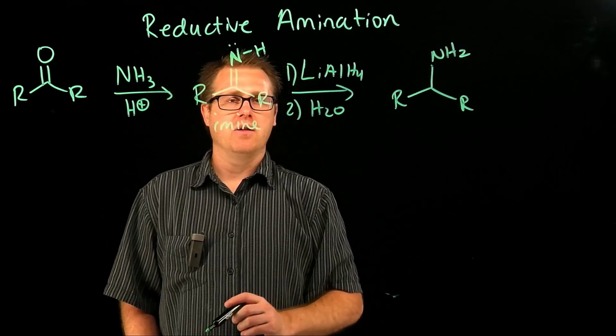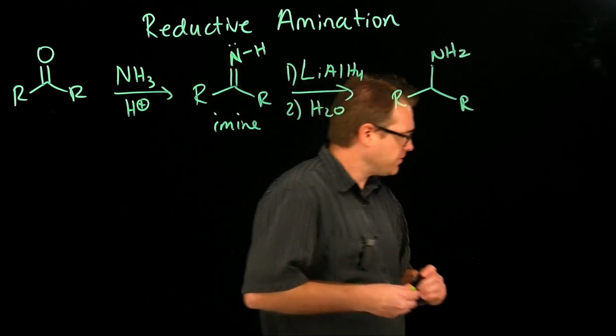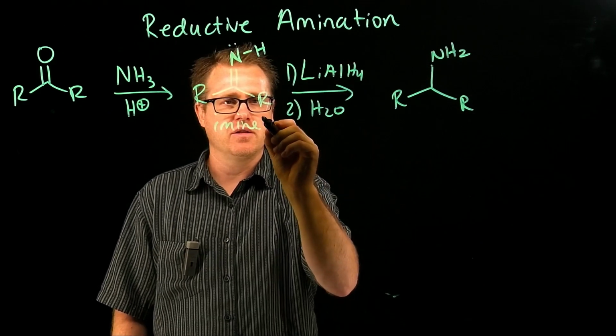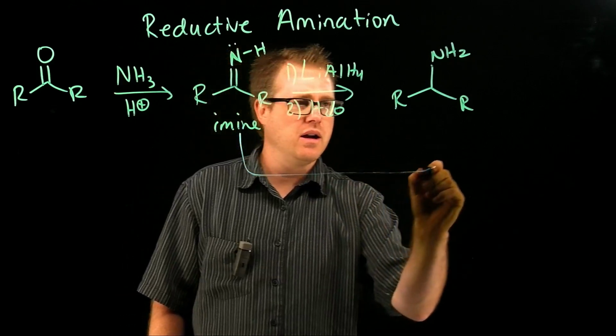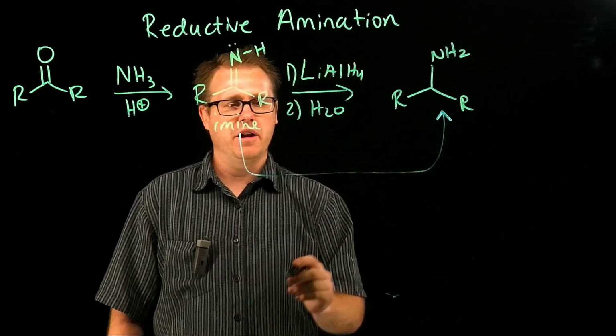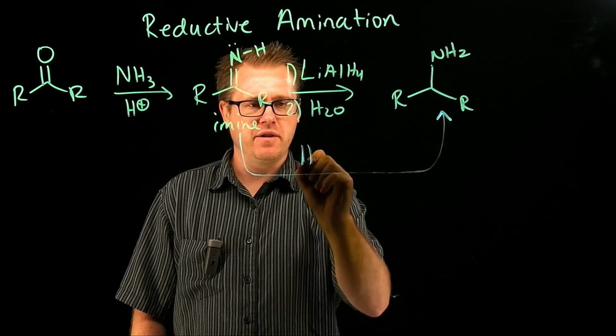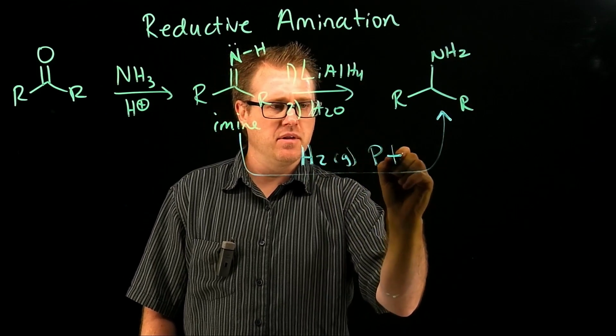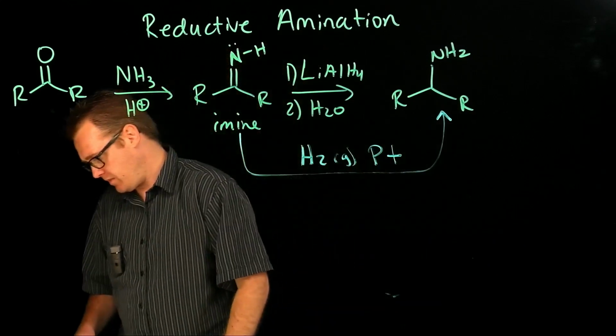You could also use another reducing condition. So you could take this imine as well, but you could treat it with some different reagents. Let's say if you treat it with some hydrogen gas and some palladium right there.